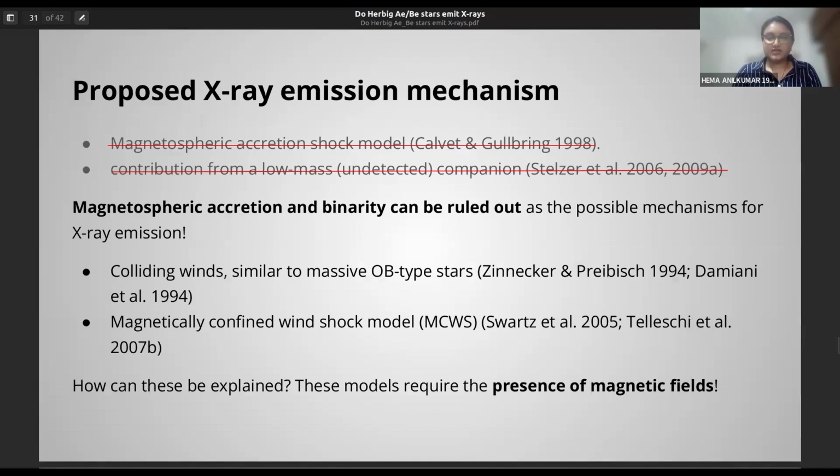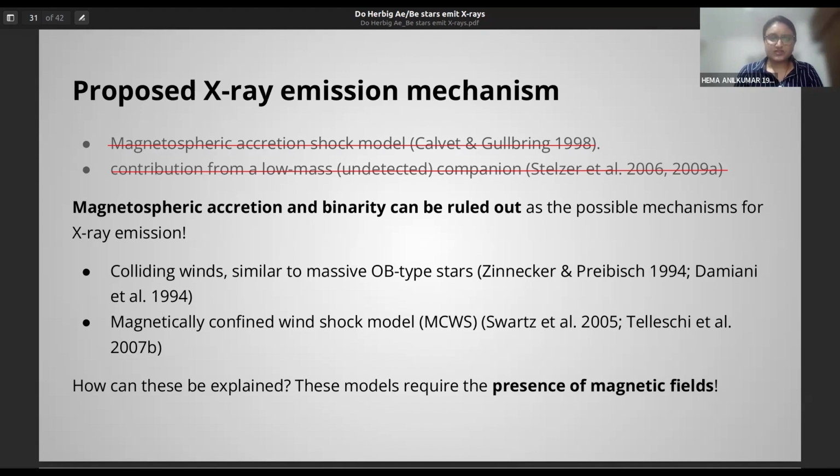So from the companion studies and from the correlation studies of L H alpha, we rule out the magnetospheric accretion model and the contribution of low mass companions as solely being the reason for the X-ray emission in Herbig Ae stars.